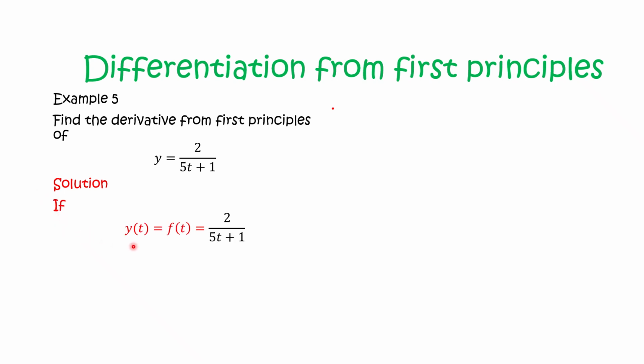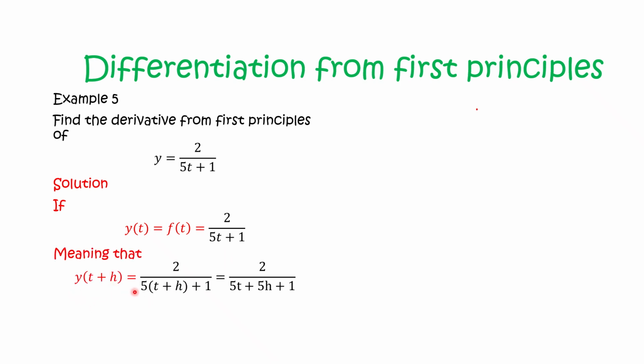The solution: if y of t is given to be f of t, which is equal to 2 over 5t plus 1, this means that y of t plus h is going to be 2 over 5 times t plus h, plus 1. And of course, expanding the brackets, we are going to have the denominator as 5t plus 5h plus 1.